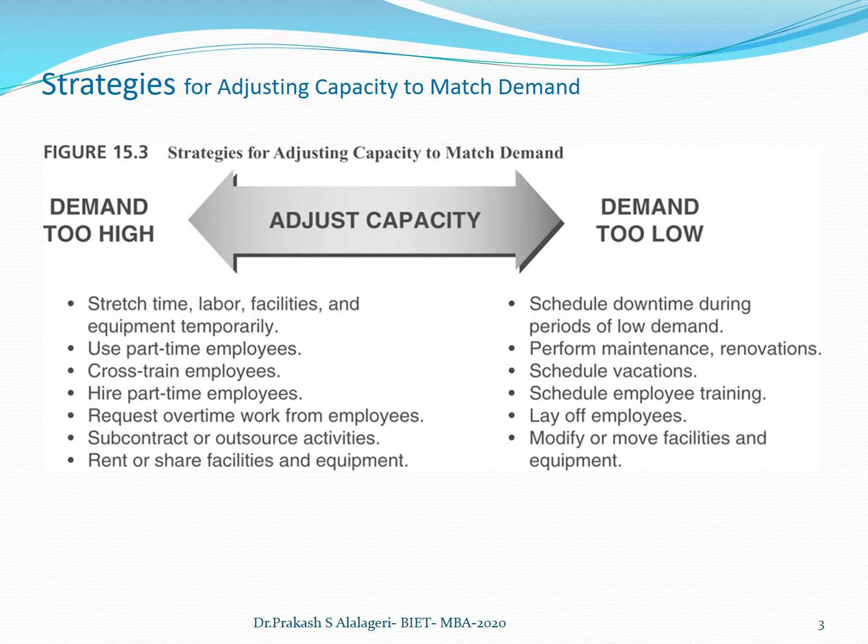If the demand is too low, there are two options. When the demand is too high, we can implement the strategies we have discussed so far. If the demand is too low, let us see the options available to the service provider. Maybe I can schedule downtime during periods of low demand.